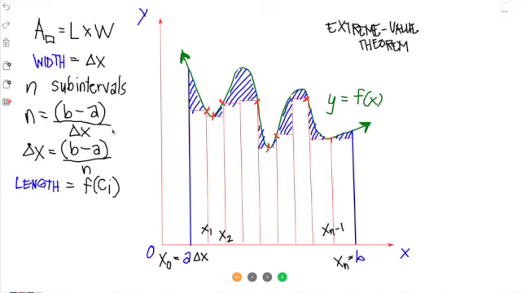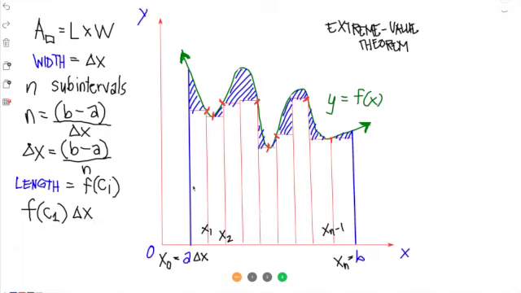Now we can define f as a function of c sub i, and since we already decided the number of intervals, we have a value for delta x. Then for the rectangles, the area of the first rectangle would be f of c1 multiplied by delta x.